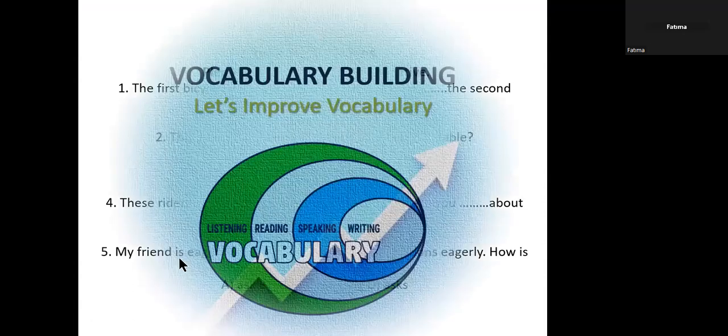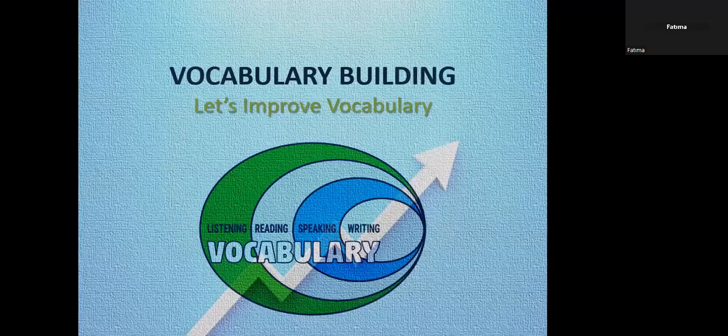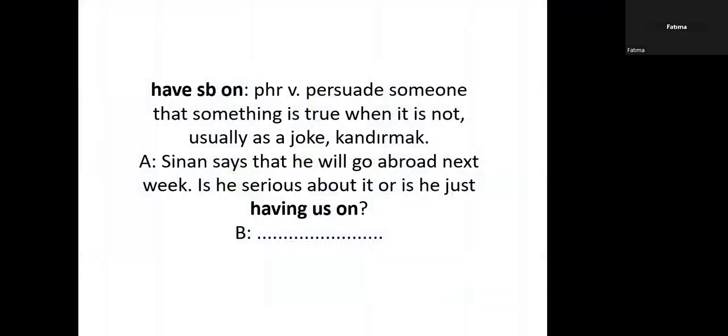Okay. In fact, this presentation is just like a vocabulary study. Now, let's go on increasing our vocabulary. Have somebody on. What does it mean, have somebody on? As a phrasal verb, persuade someone that something is true when it is not true, usually as a joke.